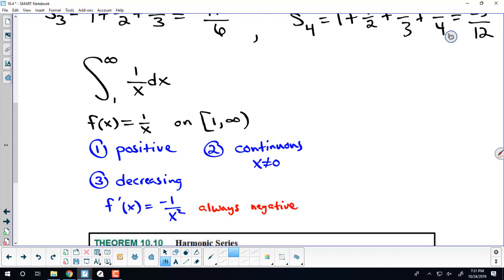So since the first derivative is always negative, the function itself is always decreasing. And so you might remember this one as well, the antiderivative, natural log of x, evaluated from 1 to b.